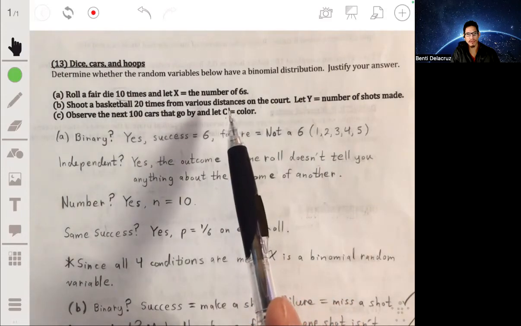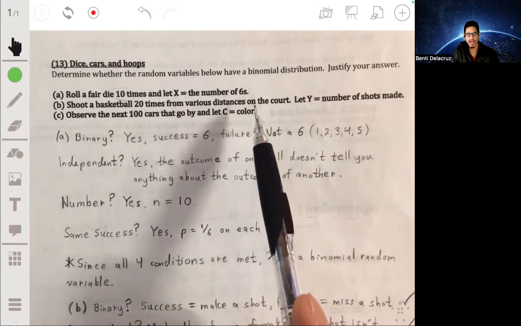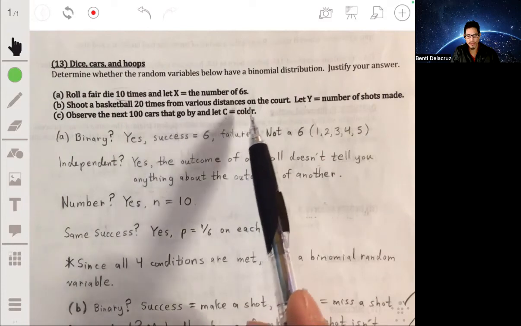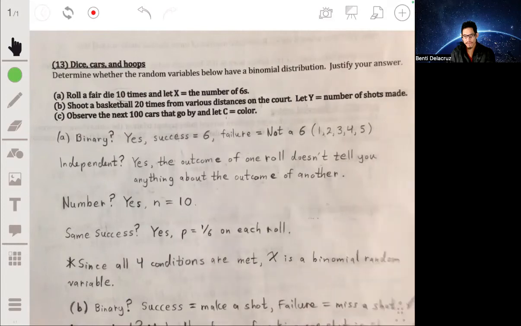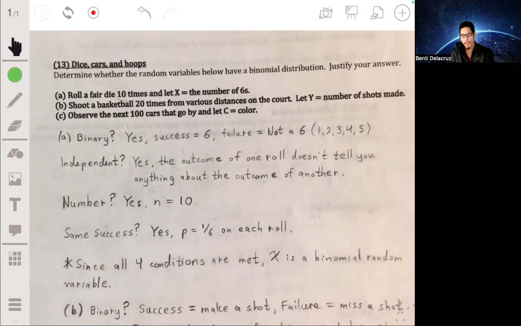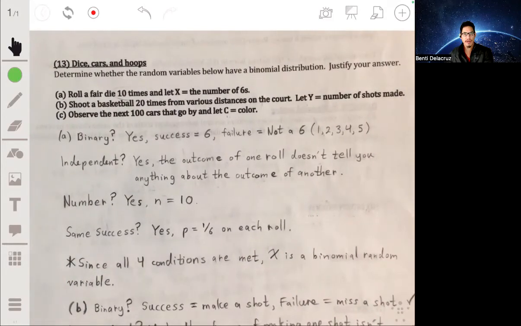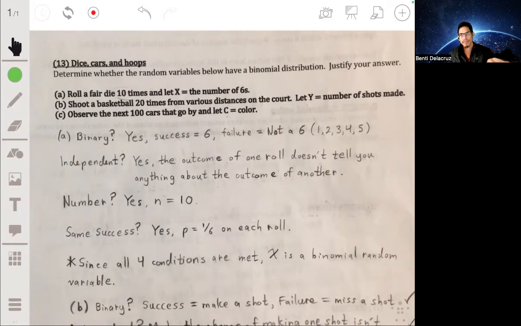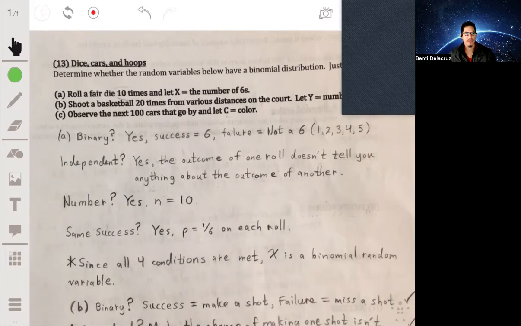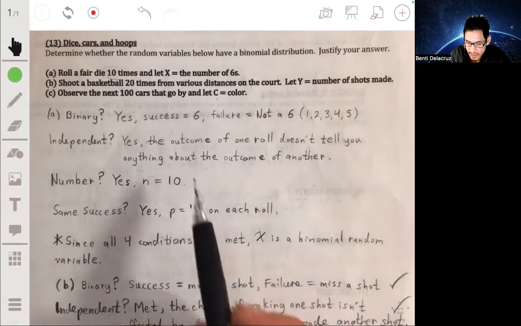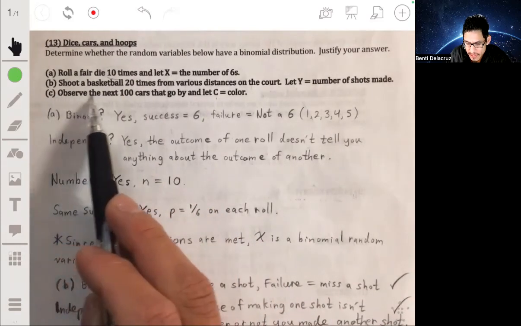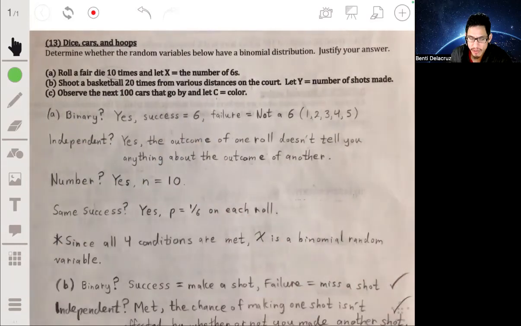We're not told to count the number of reds or blacks or white cars. So this is not even going to meet the binary condition, because you don't have a clear success or failure that your outcomes fall into. So right away it's going to fail, and C is not going to count as a binomial random variable, so we don't have to check any of the other conditions.